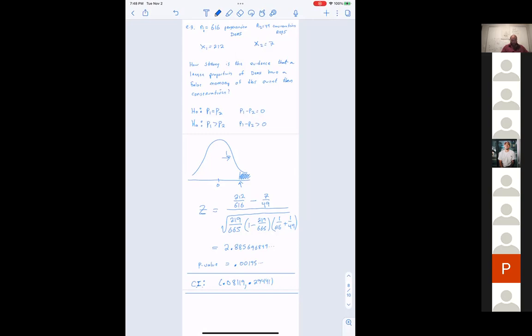I want to know the Z score and what's the P value? The Z is 2.8856. You mean the same one we had before? Yes. Oh my God, how about the P value? The p-value is 0.00195. That's the same one also. Crazy, huh? Mind blown. And so much easier on the calculator, isn't it?